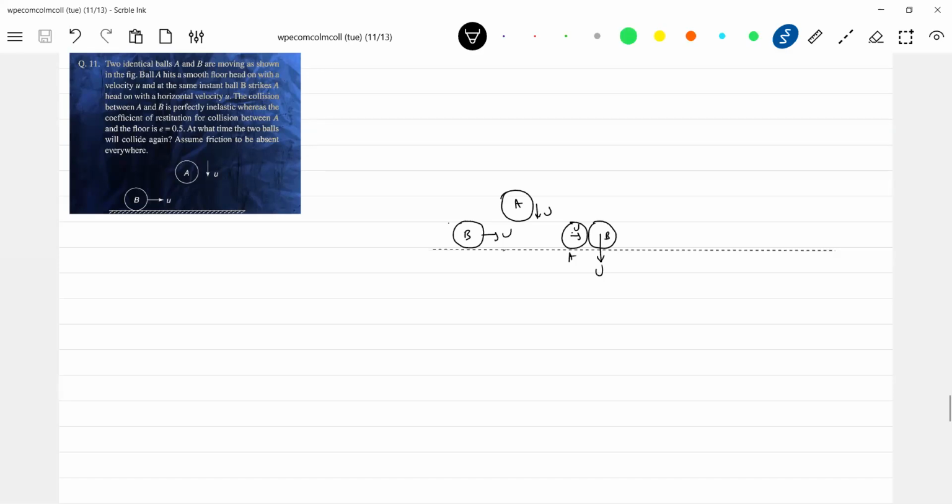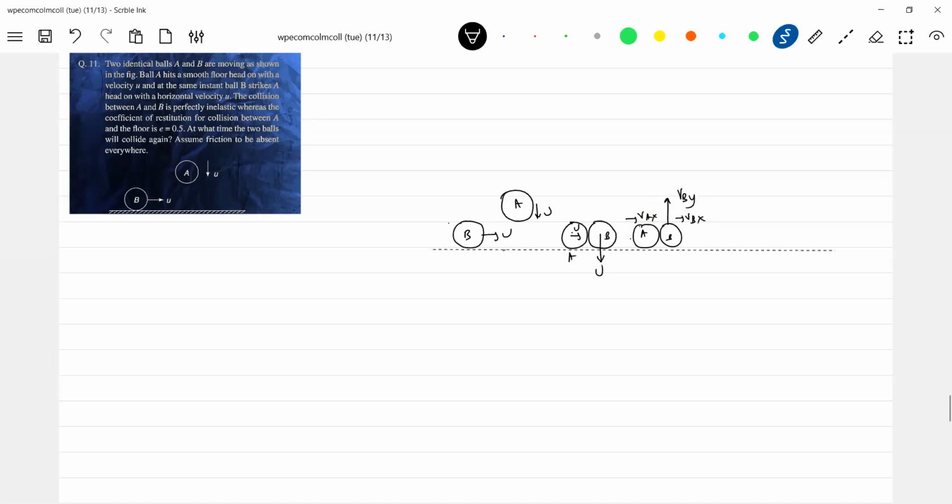Will there be exchange of velocity? Perfect inelastic collision means what should happen after impact? This A, this B, they must have the same velocity. Then it will rebound. Okay, I'll do one thing. VBX, I'll write it. This will be VBY.